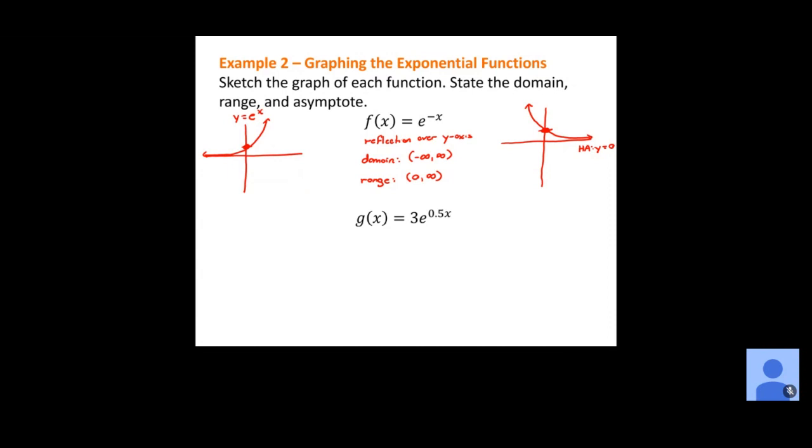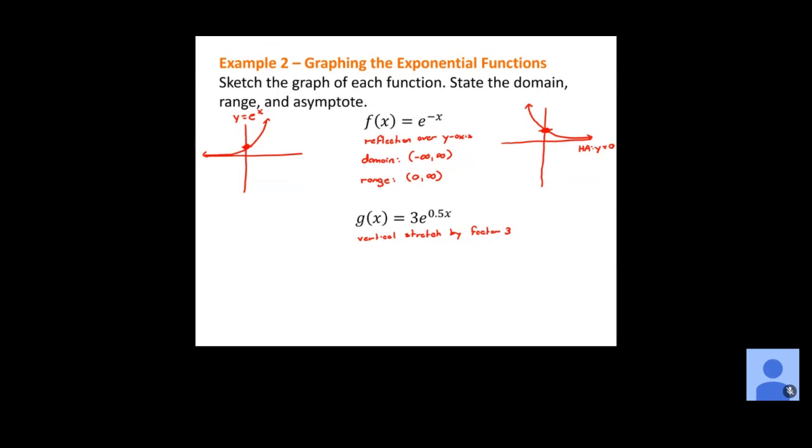All right, so we have a vertical stretch, I agree. What's the factor of the vertical stretch going to be? 3, good. So the vertical stretch is because we have that 3 on the outside. So that factor of 3 gives us the vertical stretch.